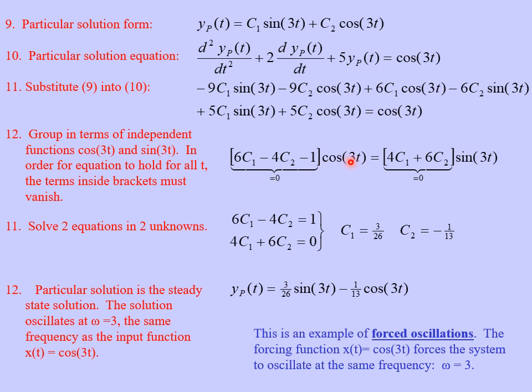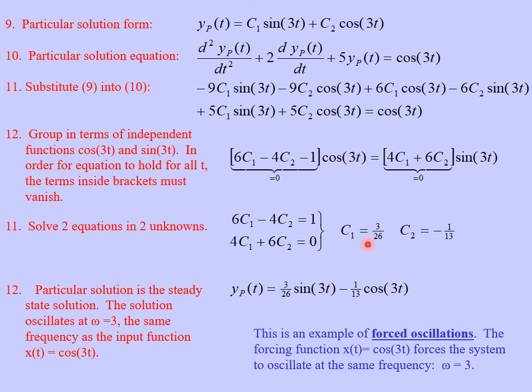In order for this side to be equal to this side over here, both sides must be 0. That only happens when whatever is in these brackets is equal to 0. So by setting this equation equal to 0 and this equation equal to 0, we end up with two equations and two unknowns which can be solved, and here are the answers right here.